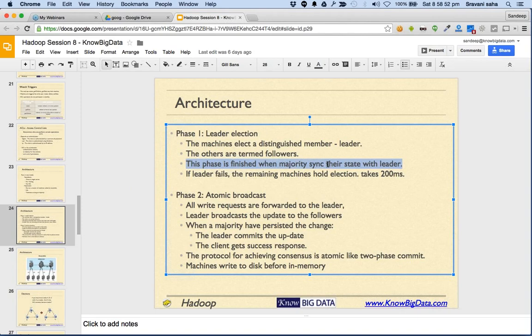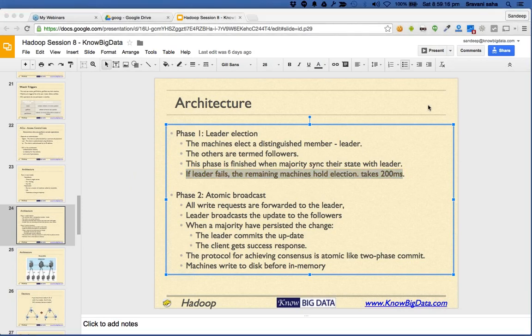Whosoever gets the maximum votes based on the ping time response. So the voting is based on individual nodes' behavior towards the others, because every node will ping each other node and note down how much time it took to respond, and then give the vote accordingly. And that is how the leader is selected.